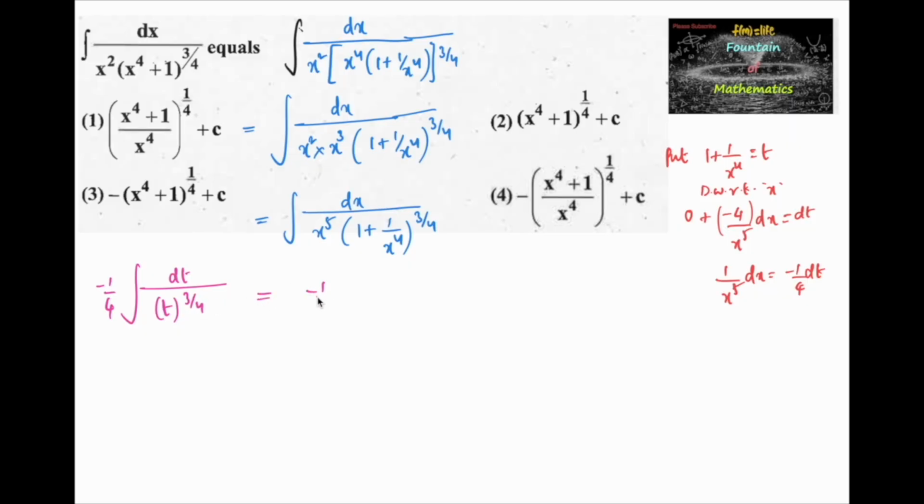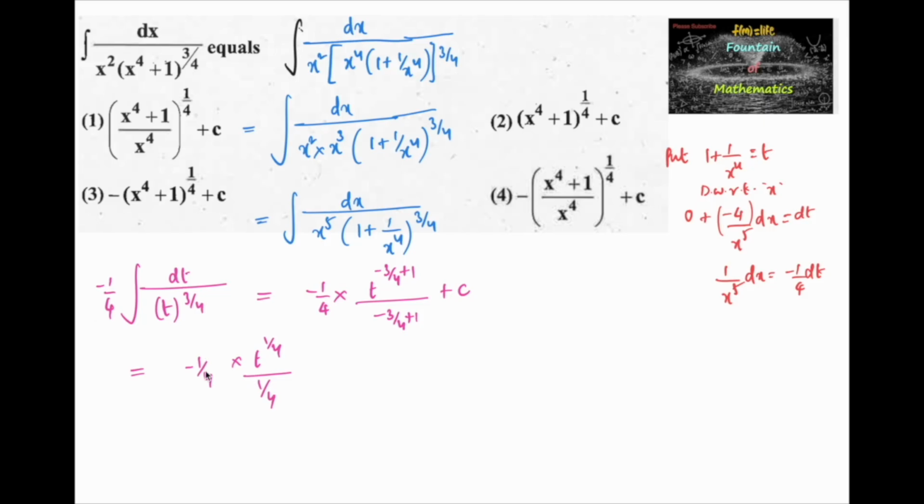Again using the integral, minus 1 by 4 into integration of t power minus 3 by 4 is t to the power of minus 3 by 4 plus 1 divided by minus 3 by 4 plus 1, plus integral constant c. So minus 1 by 4 into t to the power of 1 by 4, the whole divided by 1 by 4 again.